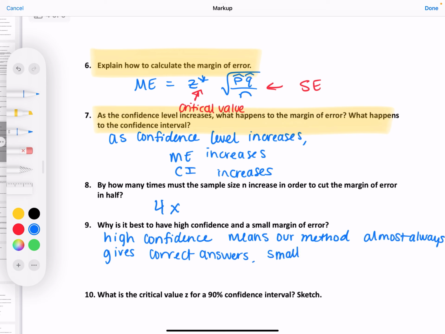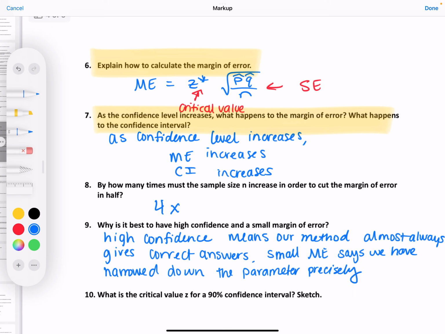Small margin of error says we have narrowed down the parameter precisely. You'll need to know that one.